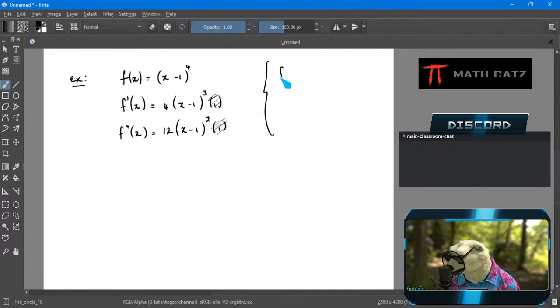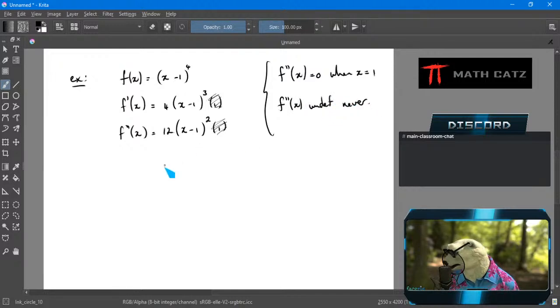Second derivative is clearly 0 when x equals 1, and the second derivative is undefined never, it's a polynomial. So I get my potential inflection points, and there's one of them.